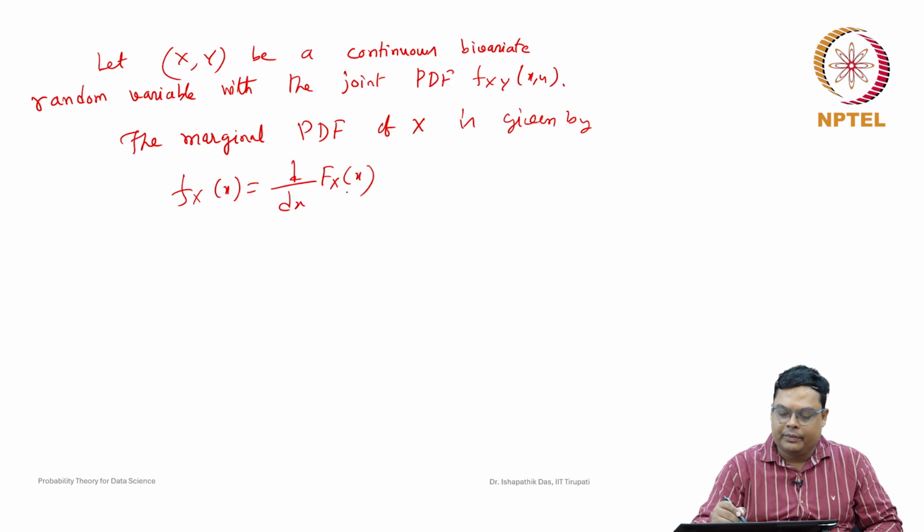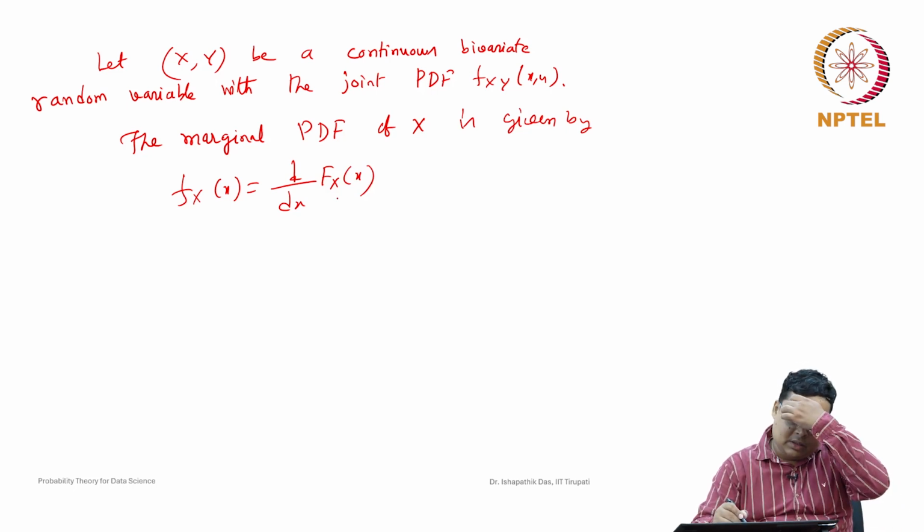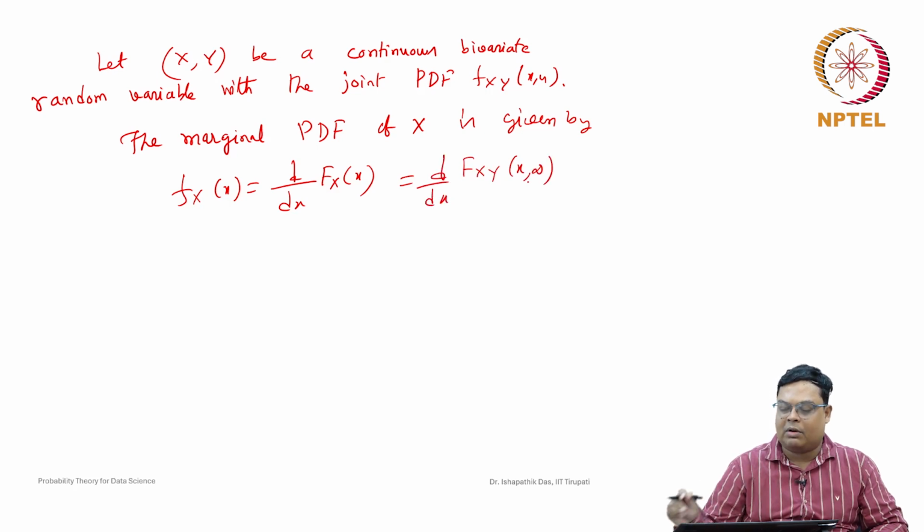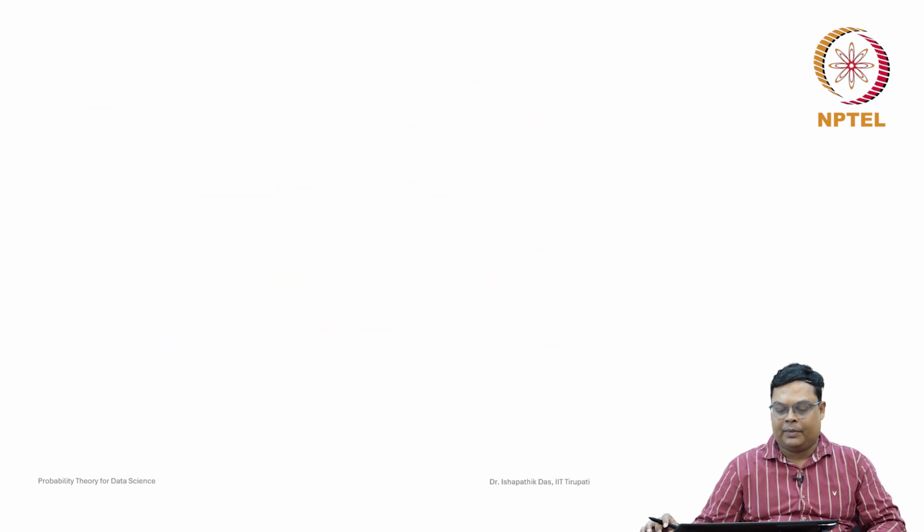Now, how can we find this? d/dx of F_X(x) is nothing but, if you take F_{X,Y}(x, infinity), then it is the marginal. But we cannot write infinity in this way, because we have to take the limit.